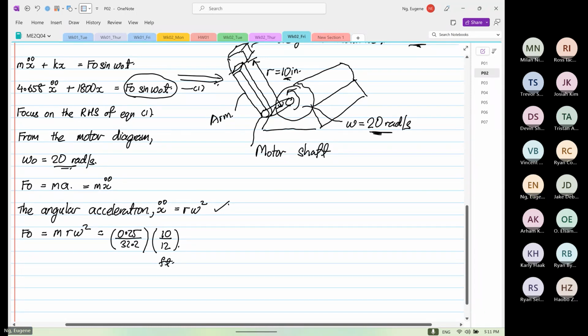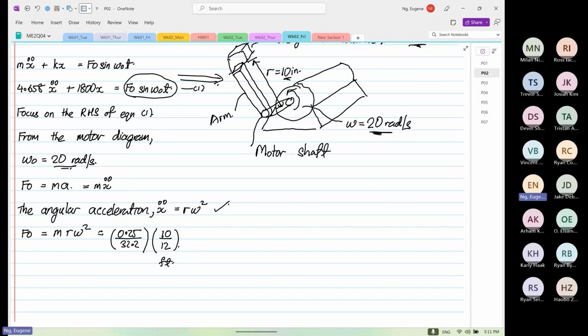And then the omega, which is straightforward, is 20 squared. So from here, 0.25 divided by 32.2 times 10/12 times 20 times 20 is equal to 2.588 pound force.